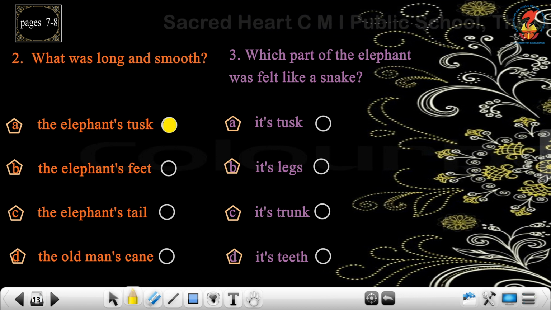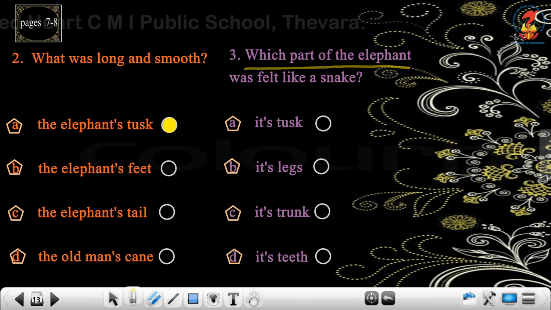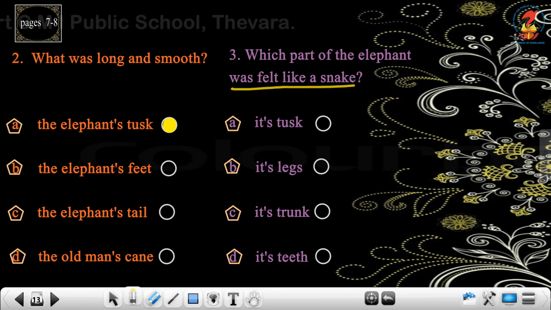Moving on to the third question. Which part of the elephant was felt like a snake? Somebody touched a part of the elephant and they felt like it was a snake. Which part of the elephant felt like a snake? It was long and was like a wiry thing.